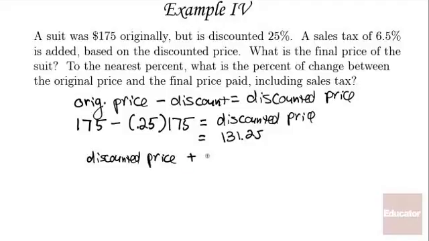Now I take the discounted price and I'm going to add the amount of the sales tax to get the final price. Discounted price is $131.25.